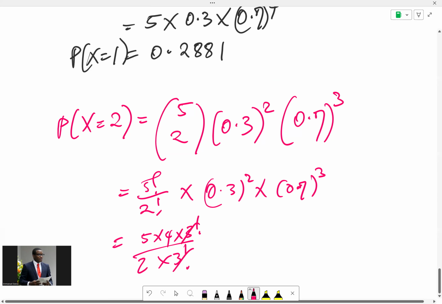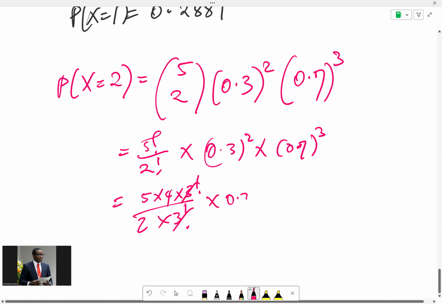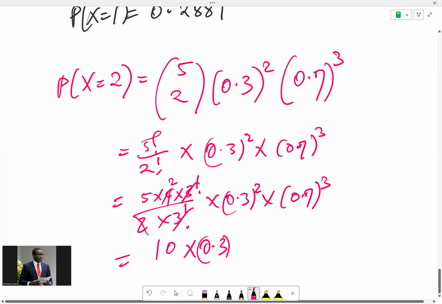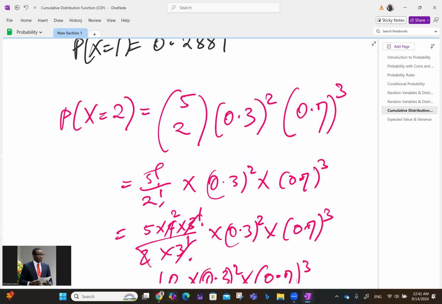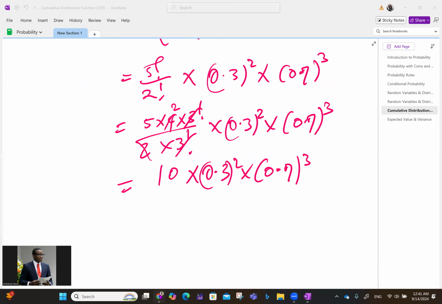So this cancels out, and we have 0.3 squared times 0.7 cubed. 5 times 2 is 10, times 0.3 squared times 0.7 raised to power 3. So we go back to decimals and do that. 10 times 0.3 raised to power 2.